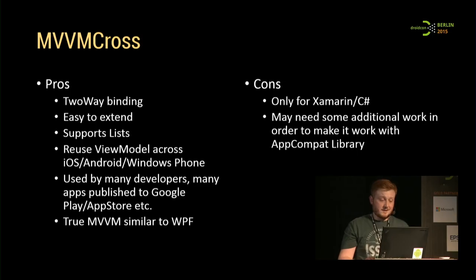And what are the cons? First of all, it's only for C# and Xamarin, and it may need some additional work in order to make it work with the AppCompat library. Because some of the libraries which are created for MVVM on Android can cause some problems on the older devices, which are not with Lollipop version, because the tint which is done by the AppCompat library may not work.